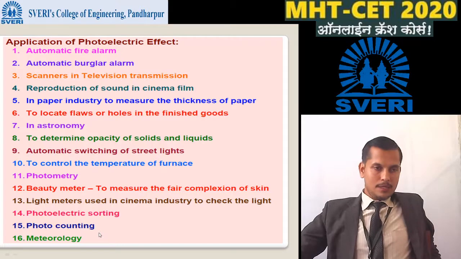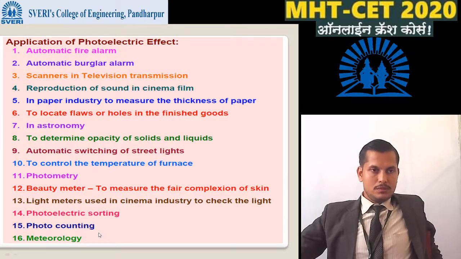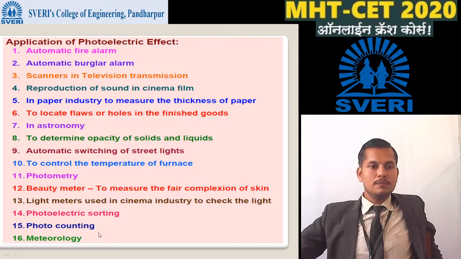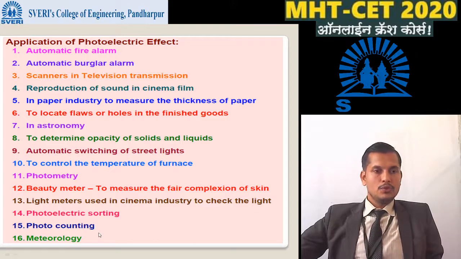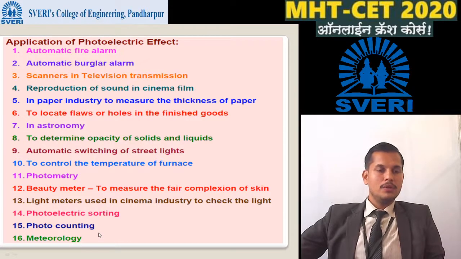So flaws are nothing but cracks or some disturbances in the structure. So we can use this to locate the finished goods. So polished finished goods are there, so we can use that photoelectric effect to detect the flaws or cracks. In astronomy, we can use that for the different effects related to recording of the space condition, particular area of that cluster of stars or anything what we are recording.